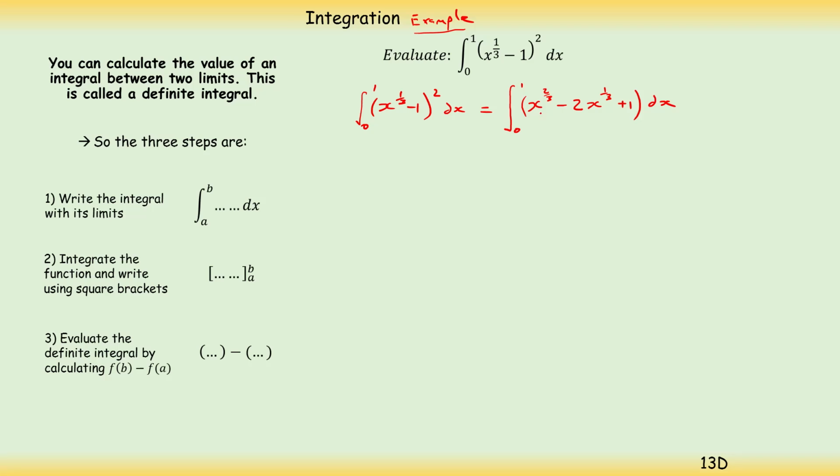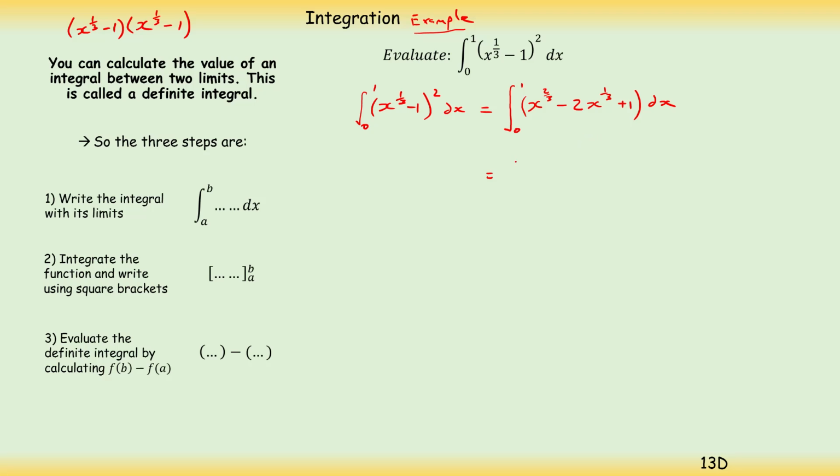So that's expanded. You might want to separate them out to check: x to the power of 1 over 3 minus 1 times x to the power of 1 over 3 minus 1. Now we can integrate term by term.